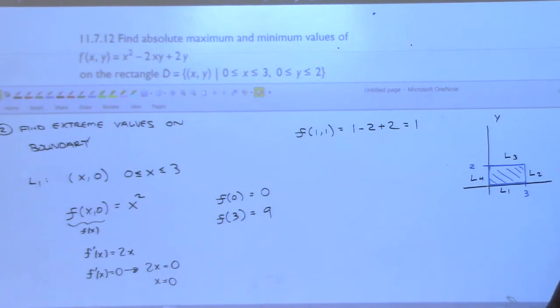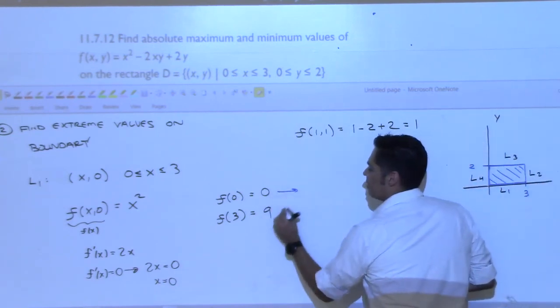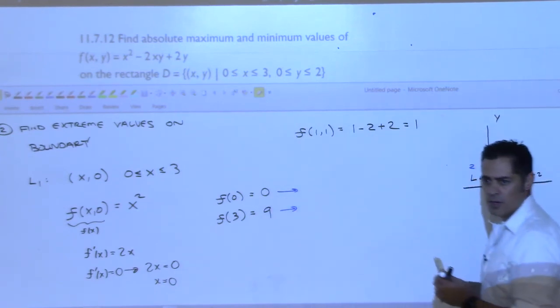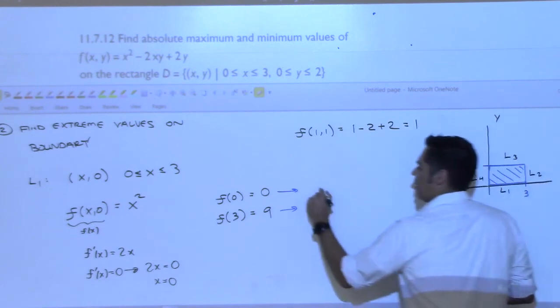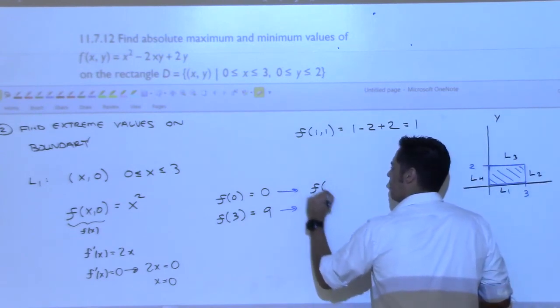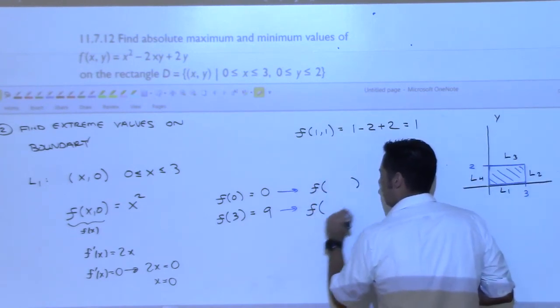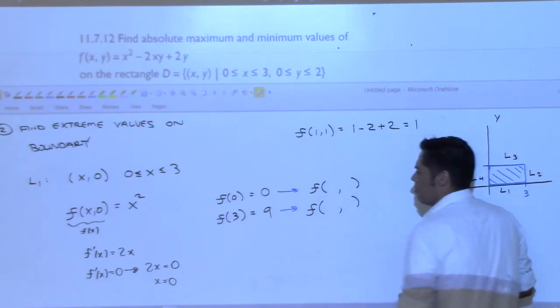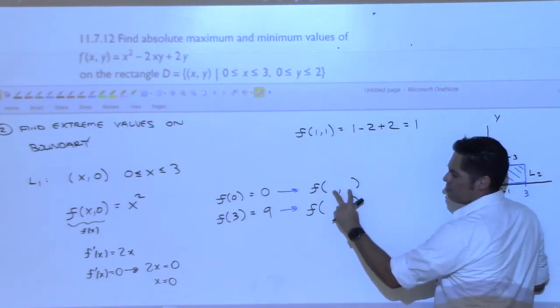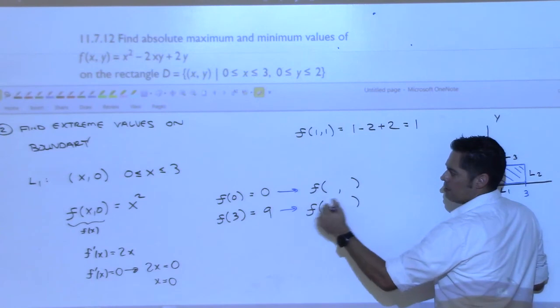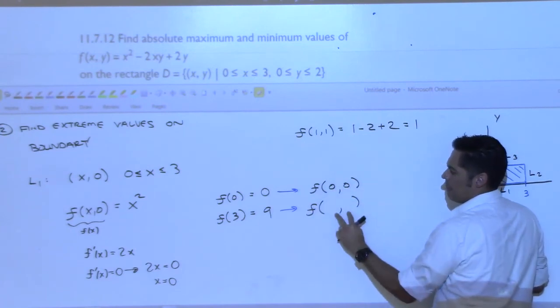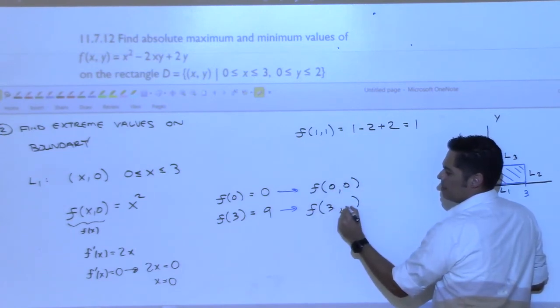In terms of the original surface, these two points correspond to f of something, something. This one is (0, 0), and this one is (3, 0).